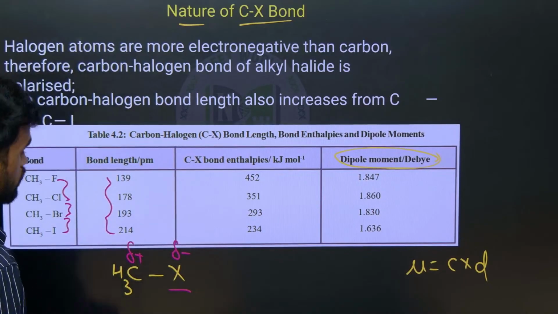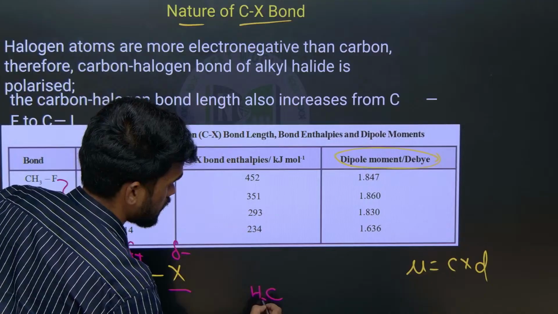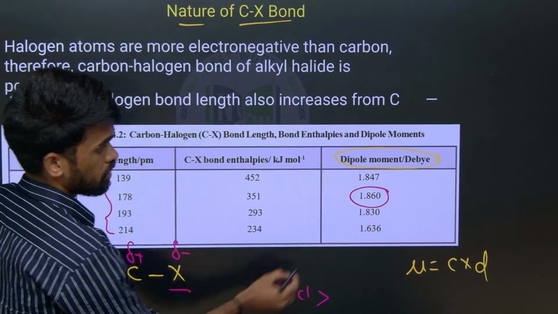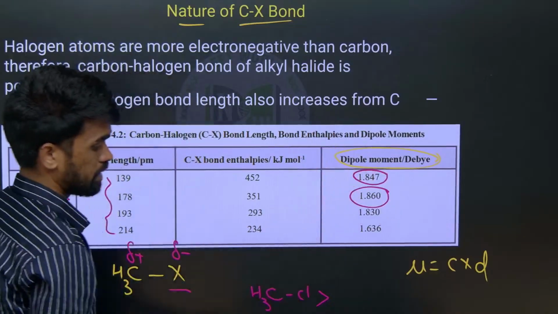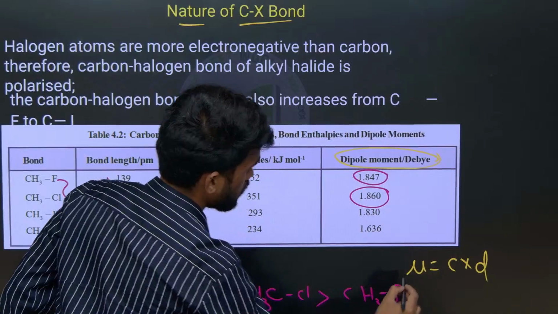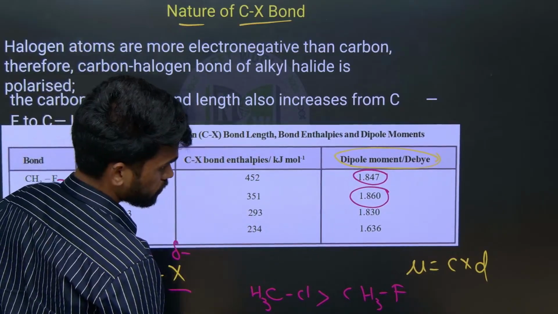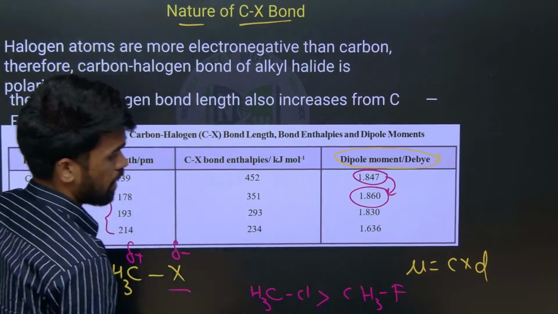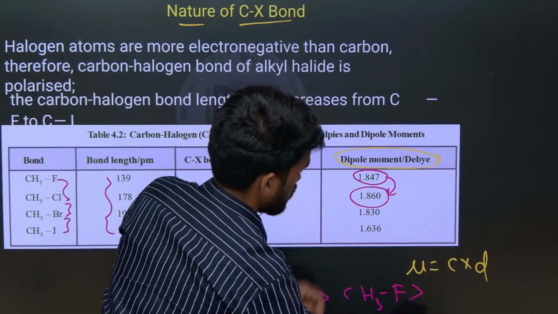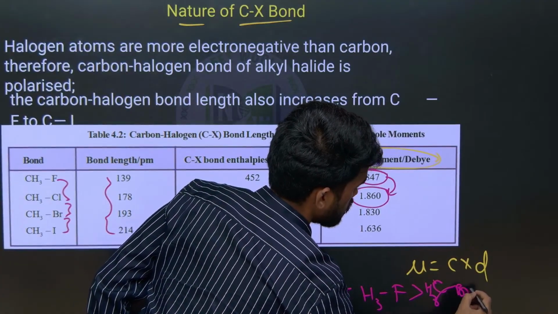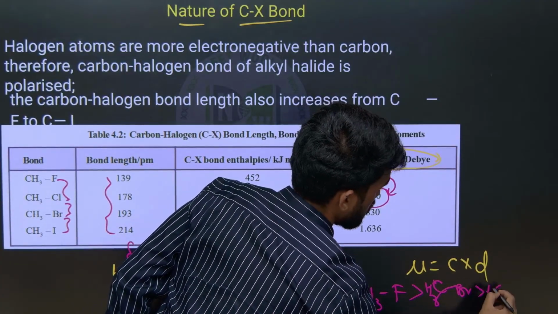The dipole moment for methyl chloride CH3Cl is more than methyl fluoride, and this is more than methyl bromide, then next methyl iodide.